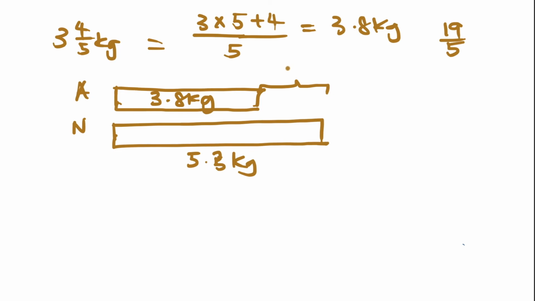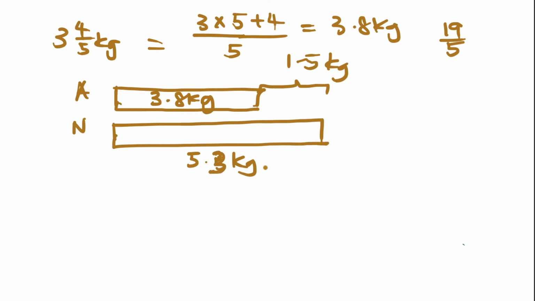The difference is 1.5 kilogram. Okay, you have to do the working, because it says that the mass of Angeline's bag is 1.5 kilogram less than Natalia's bag. So you already know here is actually 3.8, and this will be 5.3 kilogram. Okay, so find the total mass of their bags.